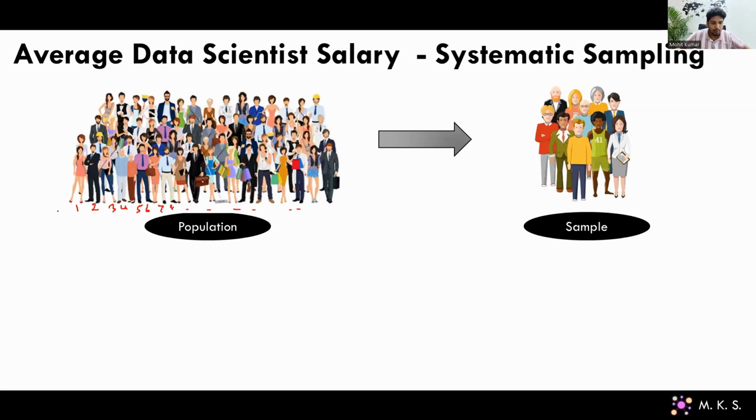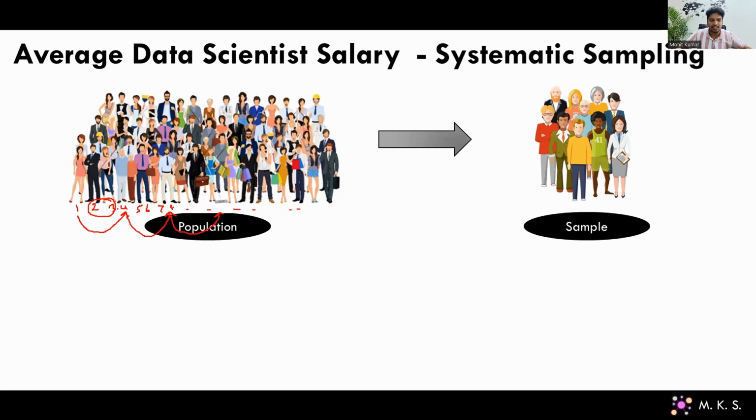Now what we will do, based on some interval that we will decide, how many units we want in the sample, we will have a particular interval, and based on that interval we will pick the elements. So let's say that interval is 2, let's say, right? Then we will skip 2 elements and then we'll pick alternately, right?